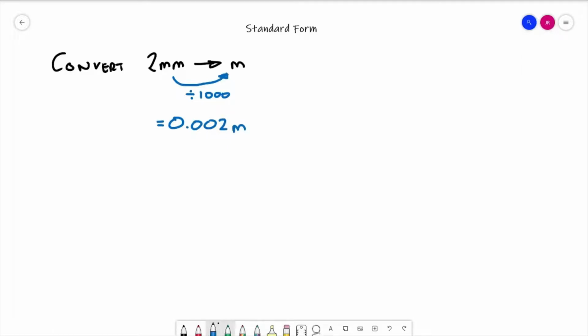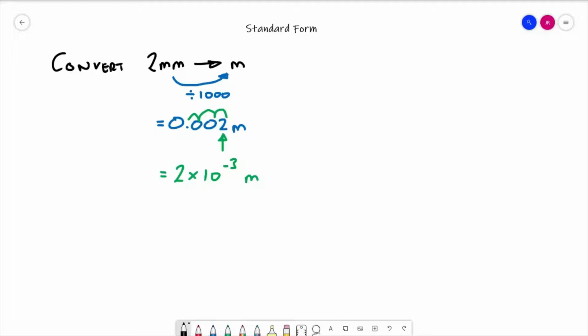Now, when we're dealing with small numbers, the rule of thumb becomes as soon as we use the thousandths place holding, we're going to start to use standard form. So at that point, instead of 0.002, we will write that as 2 times 10 to the minus 3 metres.